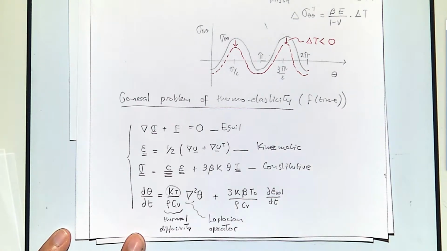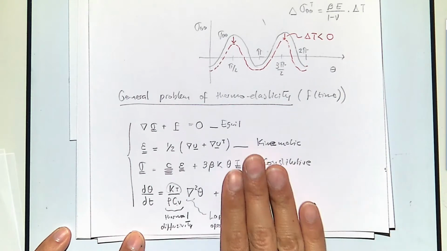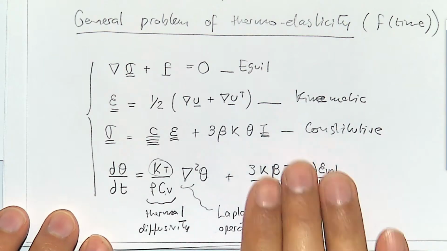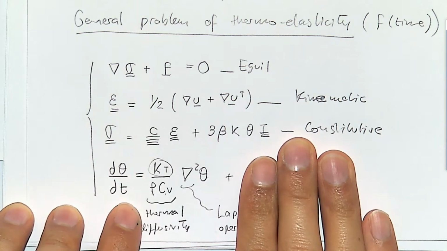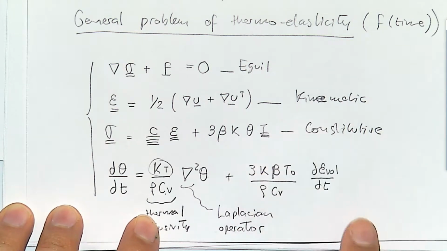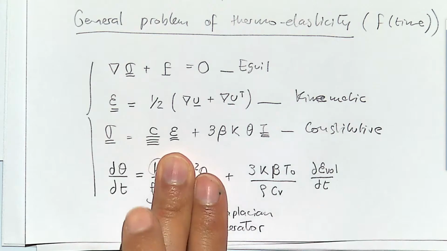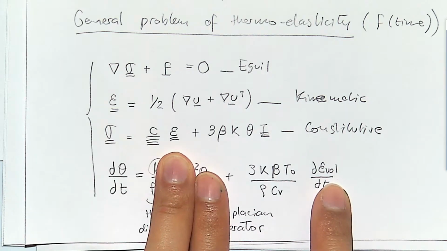Okay, but let's try to concentrate on the physical part. This equation, without this term, is just a diffusivity equation of temperature. It tells you how temperature changes in a medium as a function of time and of the thermal diffusivity. And this part tells you the change of temperature due to a change in volumetric strain.